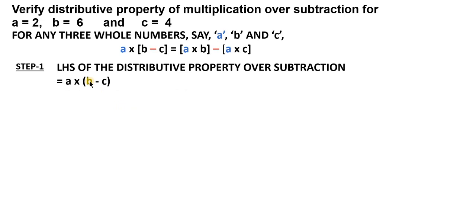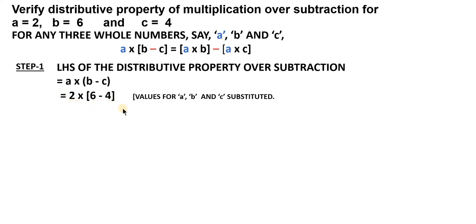So let us first take the left hand side. In step 1, we are taking the LHS. LHS stands for left hand side of the distributive property over subtraction, which is A into B minus C. We will be substituting the values for A, B, C. So A is substituted with 2, B with 6 and C with 4. The next step becomes 2 into 6 minus 4.